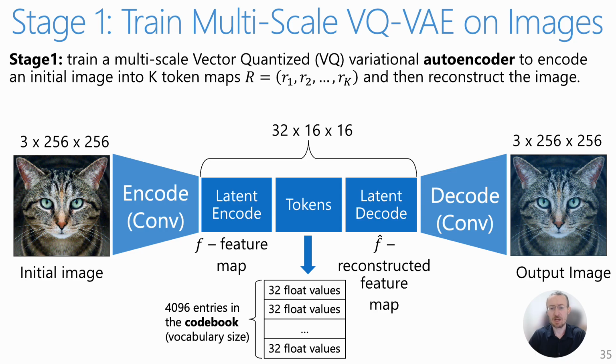Now we have the continuous space again, and then we do the inverse of the first encoding: we decode the image using convolutional operations into, in this case, the reconstructed image. The goal in this process is to train the whole pipeline of encoding, tokenization, and decoding, based on the input and output image, to minimize the reconstruction error in the output image.